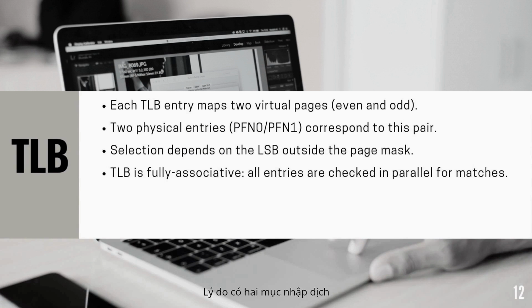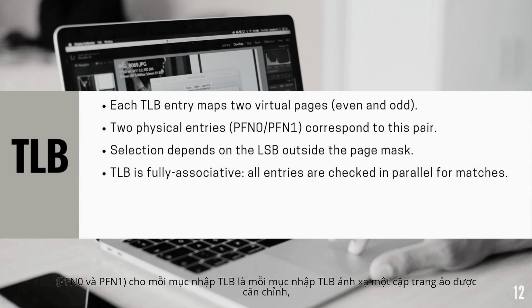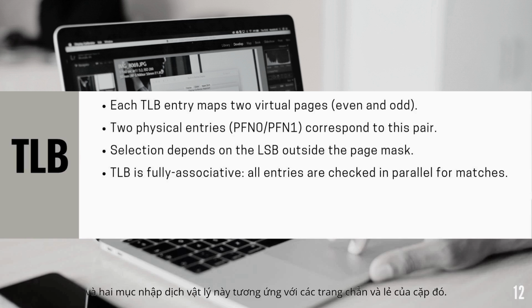About TLB, the reason for having two translation entries, PFN0 and PFN1, for each TLB entry is that each TLB entry maps a pair of adjacent virtual pages, and these two physical translation entries correspond to the even and odd pages of that pair.